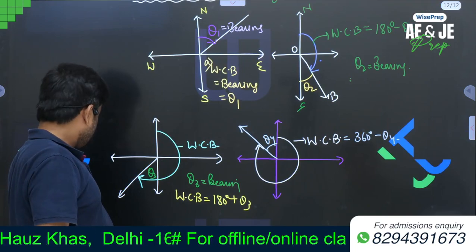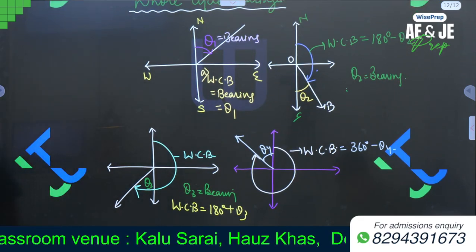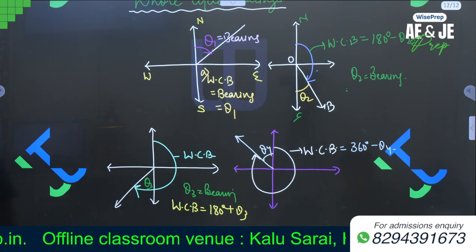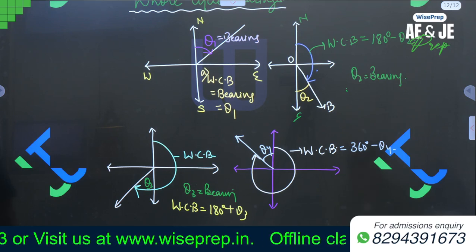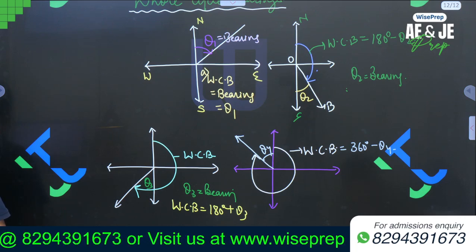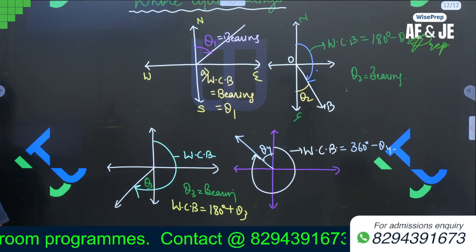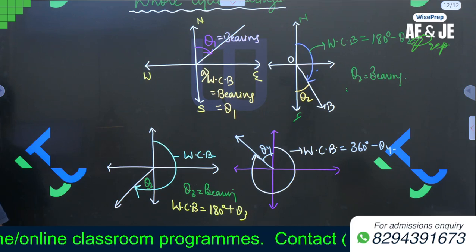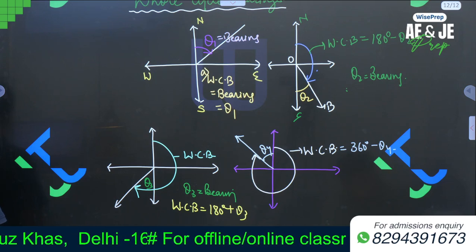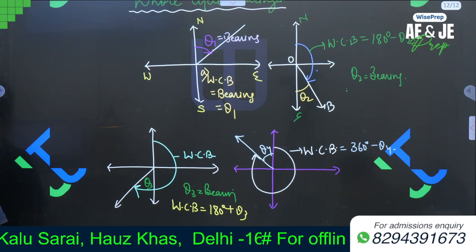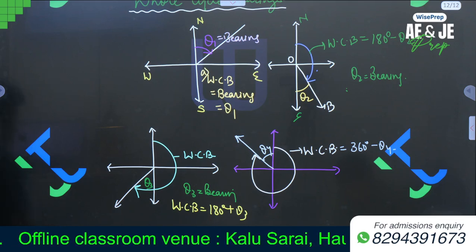So write down: whole circle bearing is always measured in the clockwise direction and from north.